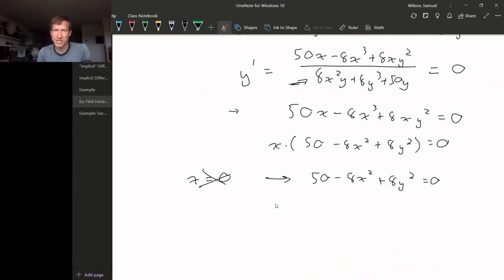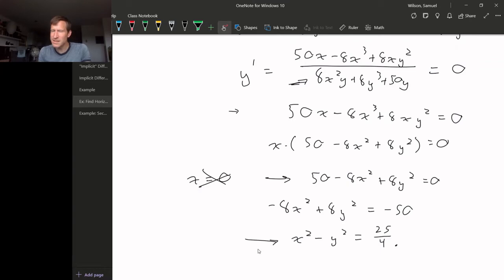So let's solve this equation. Minus 8x squared plus 8y squared equals minus 50. Let me divide both sides by negative 8 here. So x squared minus y squared equals, let's see, 50 over 8. So that's 25 over 4.